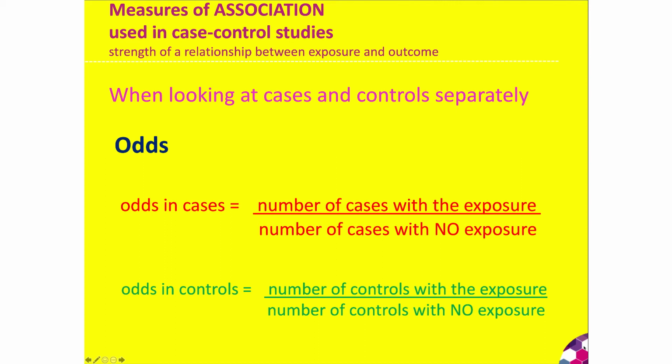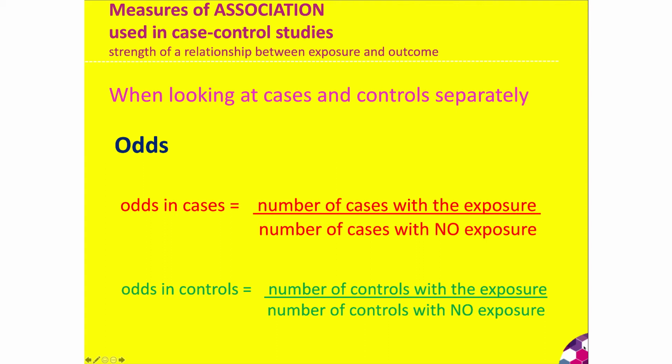So what are the measures of association we can use in case control studies? A reminder, in cohort studies we looked at the risk and the rate. In case control studies we look at odds, and you'll see why in a moment.